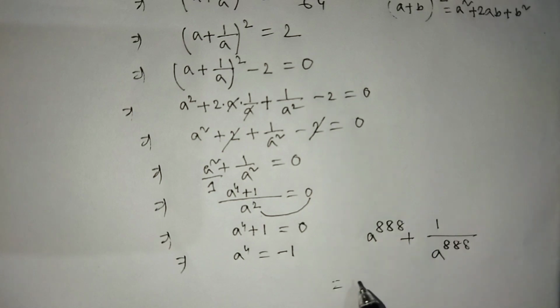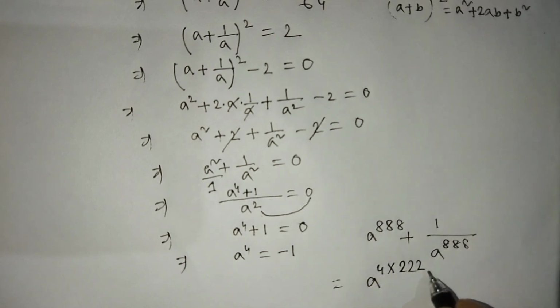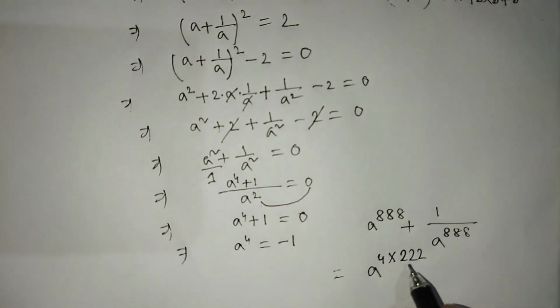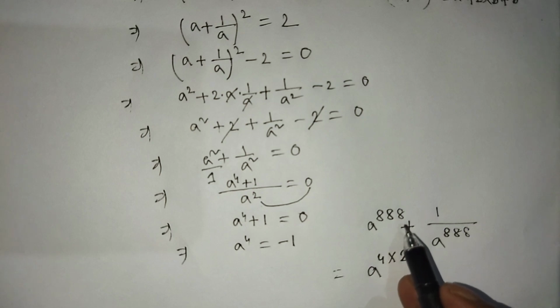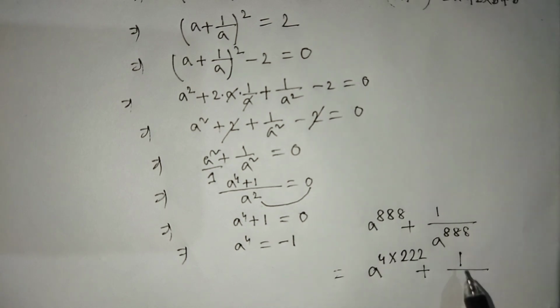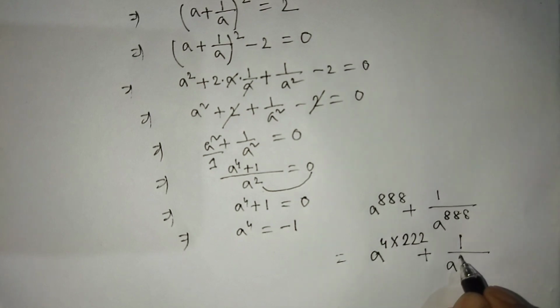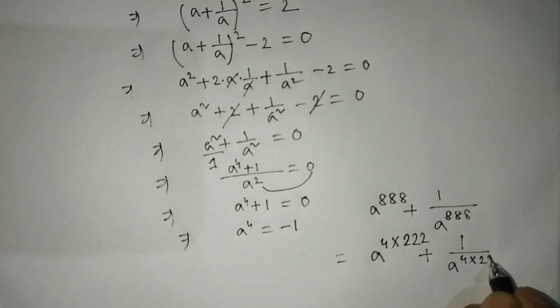Okay student. So we have to write here a to the power 4 into 222. Okay student. So if you multiply 222 with 4, then again we get 888. So we have to write in the place of 888, 4 into 222. Okay. Plus similarly the place of this number again we have to write 4 into 222.